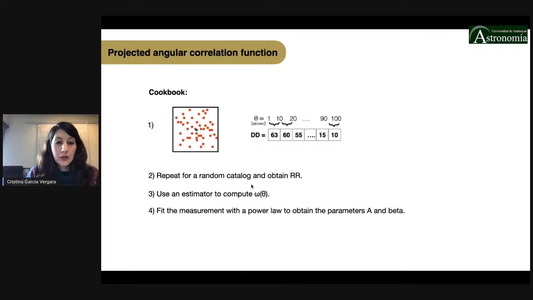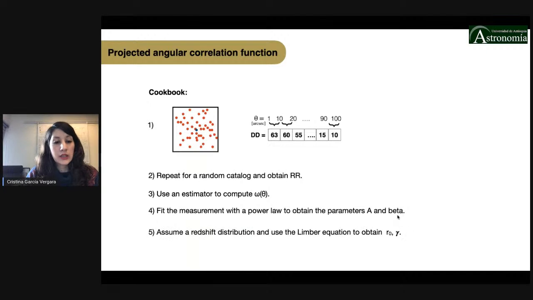And then you can fit the measurement that you have to obtain the parameters A and beta. Then you assume a redshift distribution and use the Limber equation that I showed before to obtain R naught and gamma, which is our goal. Basically, when you measure clustering, the goal is to obtain the parameters R naught and gamma, because those are the informative parameters.